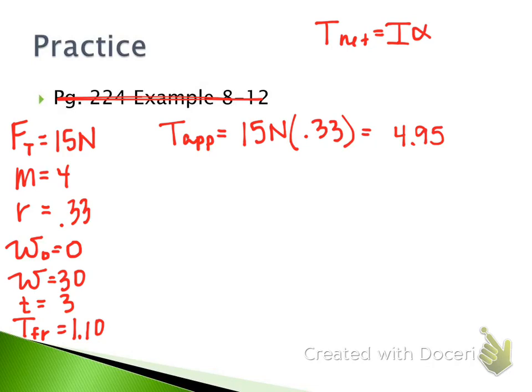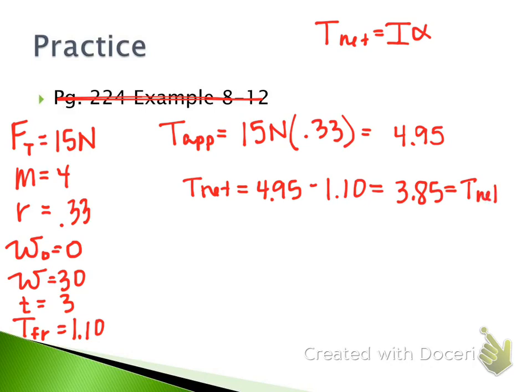So if we solve now for our net torque, we would say net equals our applied, so 4.95, and we'll subtract out our friction. Okay, are we on the same page with why we went about doing that?